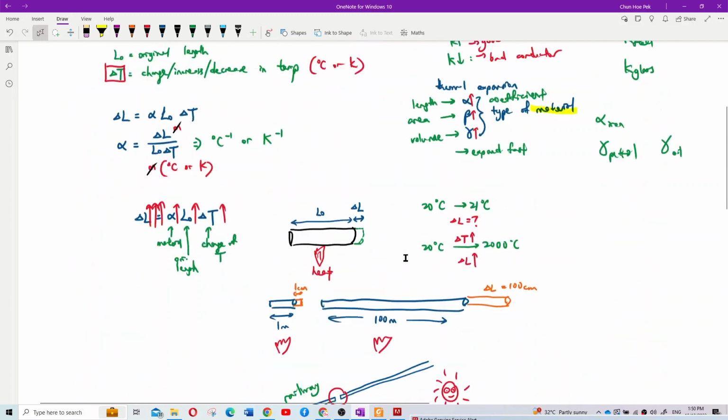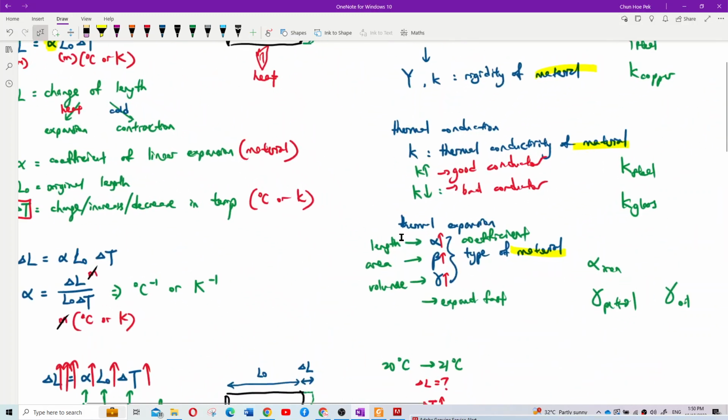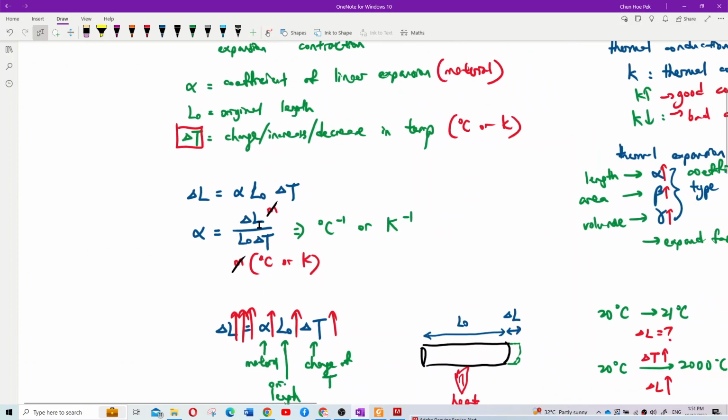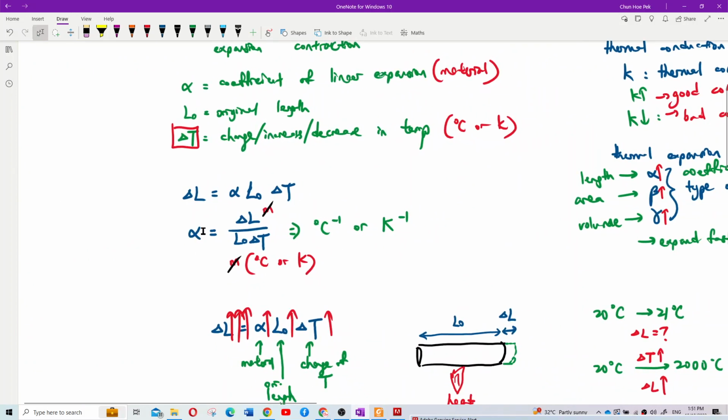What else? I need to explain what is actually meant by the alpha value. If you rearrange the formula, L naught goes below, delta T also goes below. So what is actually meant by alpha?